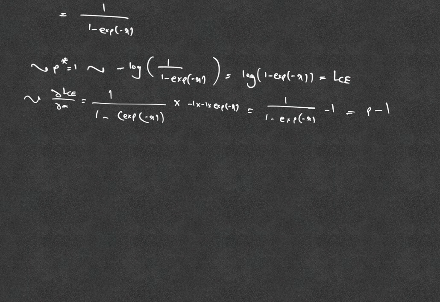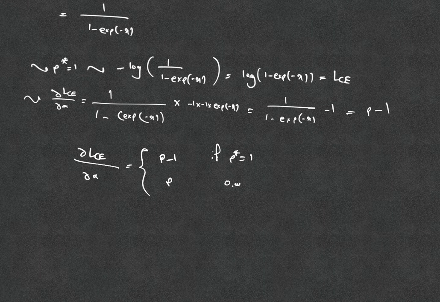Same way you can do the computation, and you will get that the partial derivative of cross-entropy loss with respect to X is P minus 1 if P star is 1, and otherwise, meaning that P star is 0, it is going to be P. And this can be simplified as P minus P star.